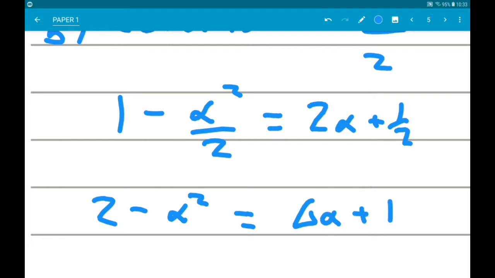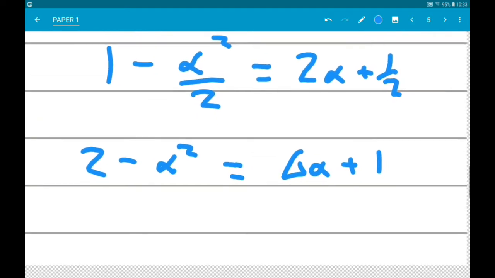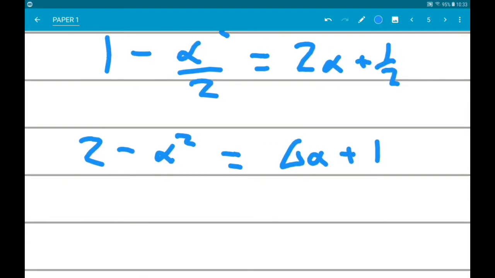Okay, now from that we can get that alpha squared add 4 alpha minus 1 is equal to 0.